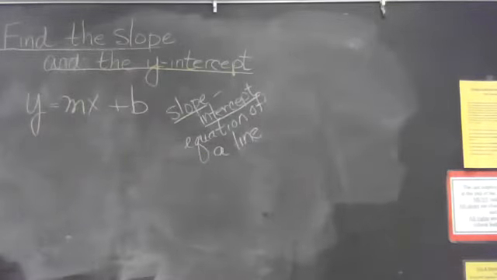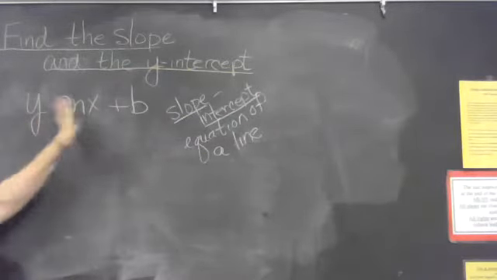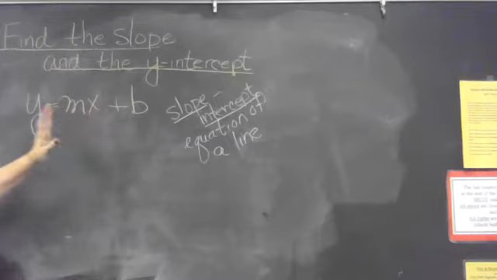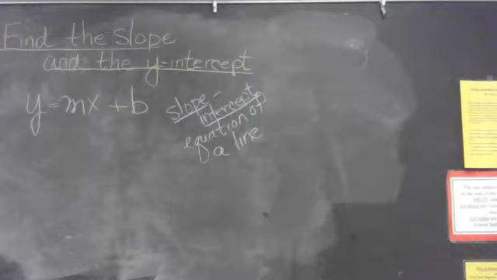That's the name or the form that this is in. And if they tell you to put something in the slope intercept form, what they're asking you to do is solve the equation for y. You solve the equation, you get y by itself, and everything else is on the other side. This is called the slope intercept form of a line.